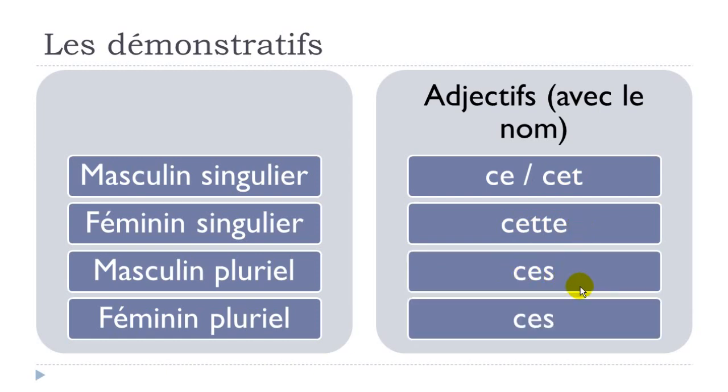And then feminine plural, good news, it's the same. So we've got one form here, ce, and the option cet when you've got a noun starting with a vowel after, and then cette, feminine form, and for the plural you've got only one form, ces. Okay, remember, ces.